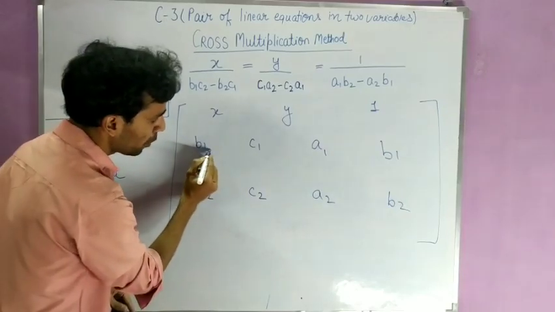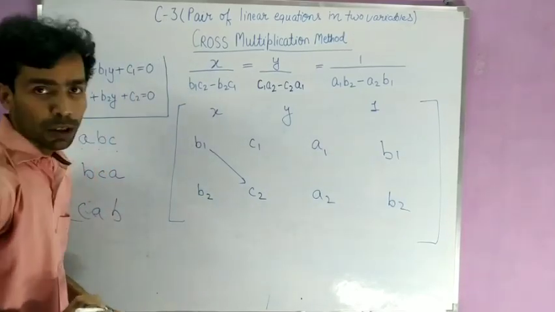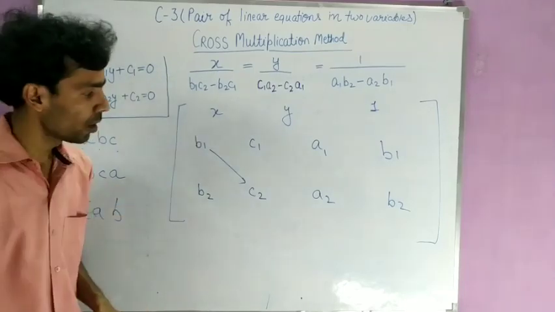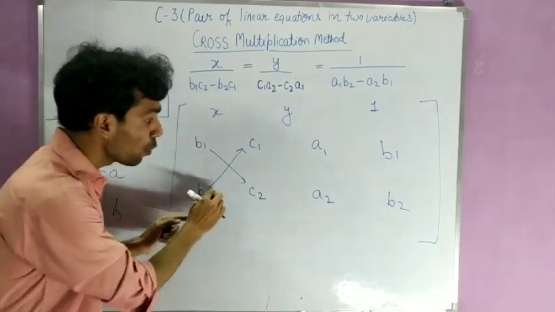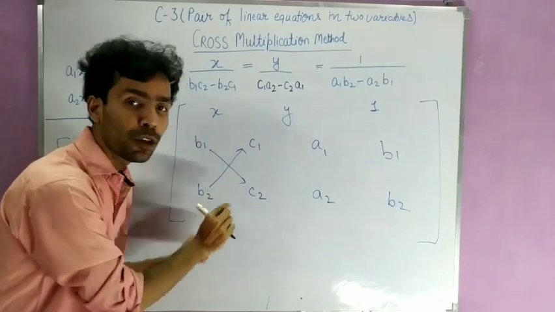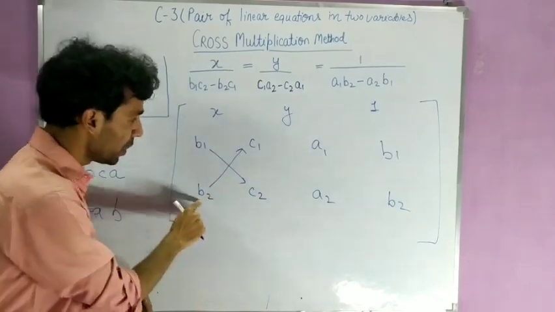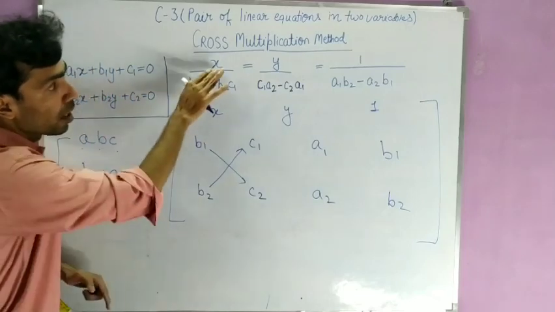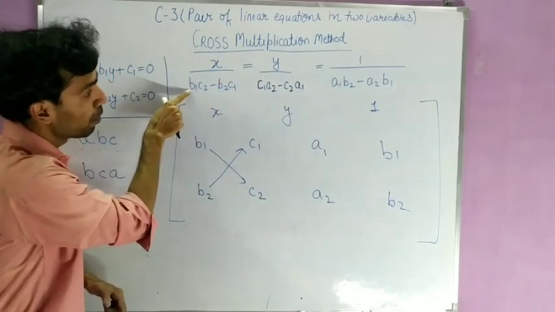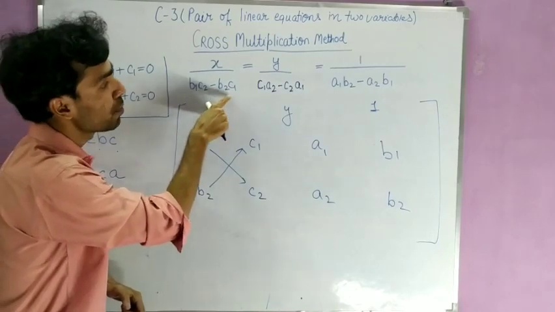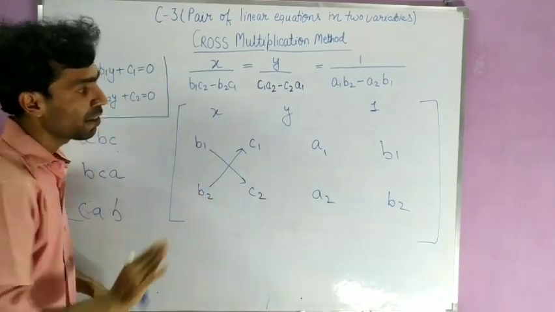When you multiply b1 into c2, you will get b1 c2, and when this arrow moves upward, it means you put a negative sign and then b2 c1. So in the denominator part of x, we can say b1 c2 minus b2 c1. So this we have calculated.